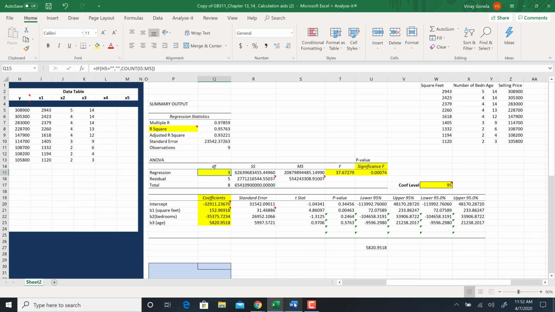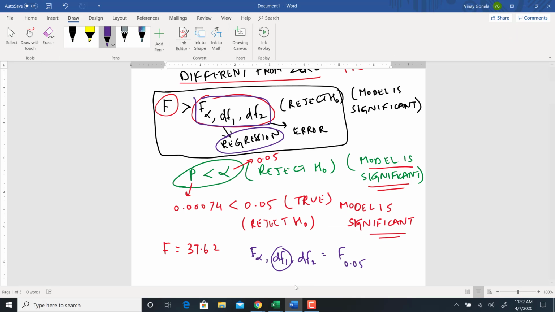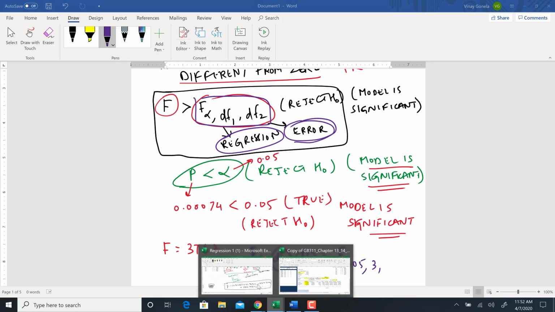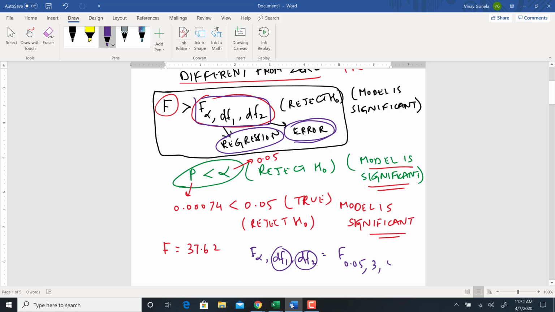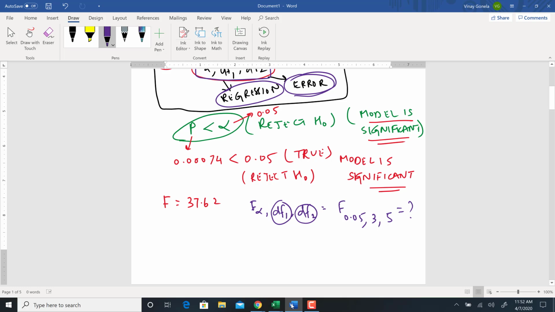The degree of freedom 2 is the error, which is 5. So you are going to look for this value in your F table: F 0.05, degree of freedom 1 as 3, and degree of freedom 2 as 5.